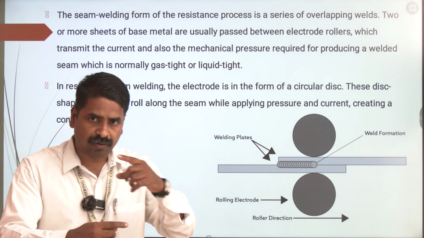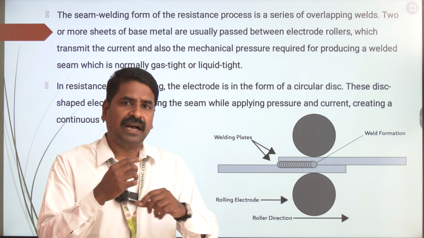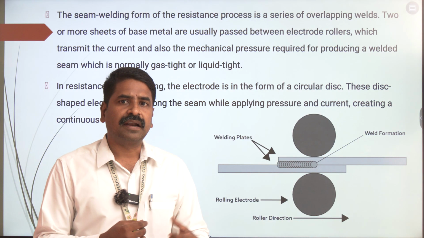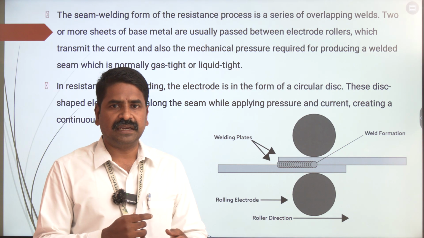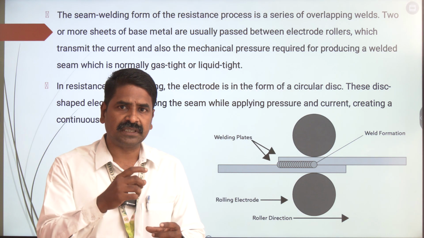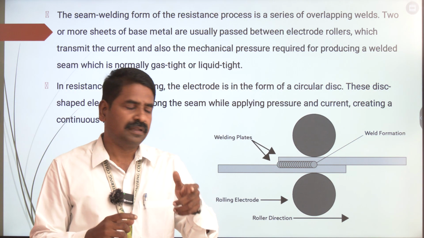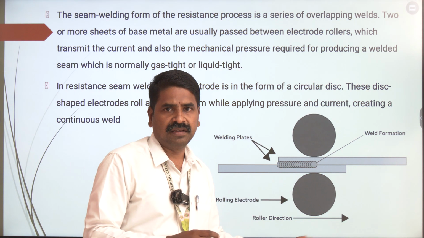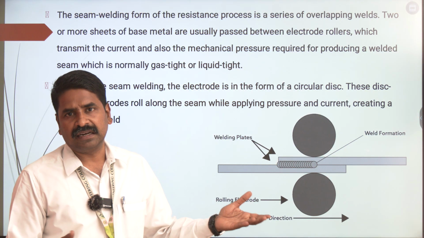The electrodes are going to be rolled over the plates, in the form of a circular rotating disc, and they are made out of copper in many cases. As they roll over the plates, because of the electrical resistivity and the pressure exerted by the rolling electrodes, the joint is going to take place, and the joint is going to be formed over here, as you can see. This is called your resistance seam welding, and the answer is very clear.